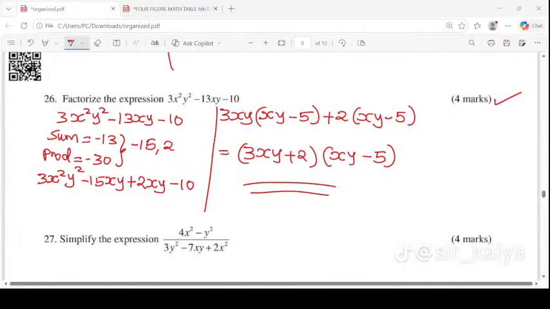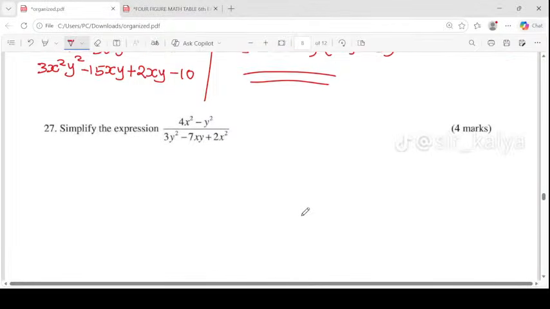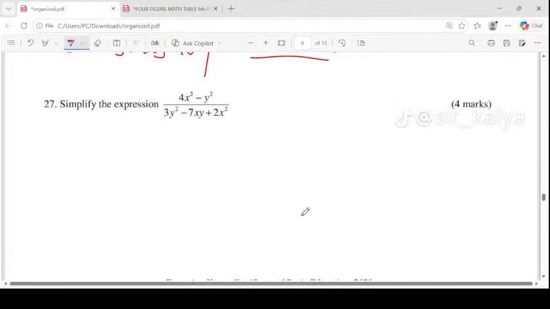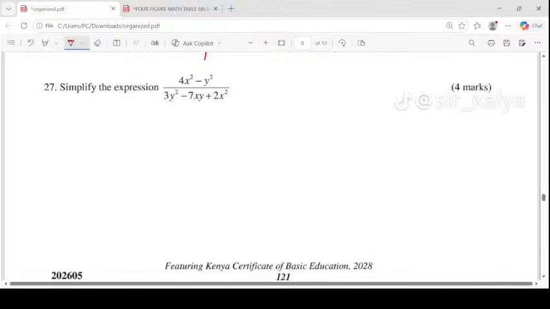Let us look at the next part of the paper. That is now question number 27. Simplify the expression 4x squared minus y squared all over 3y squared minus 7xy plus 2x squared.